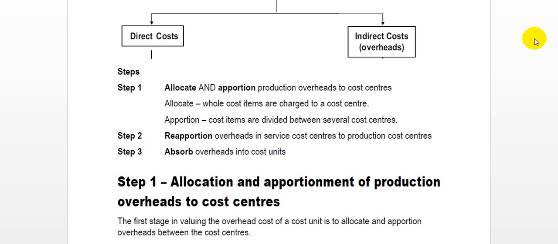Again, the basis of reapportioning the overheads from the service centers would depend on how much the cost centers are benefiting from the service centers. So if there are more people in this department benefiting from the service center, more costs will be reapportioned to that cost center. Okay? So usually the reapportionment will be based on the number of employees who are benefiting from the service center.